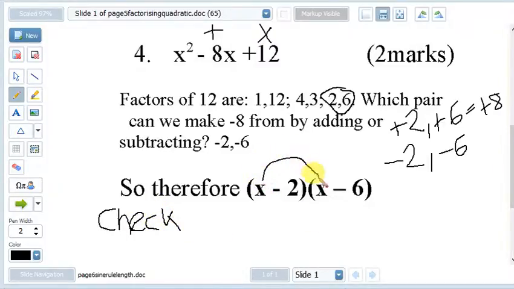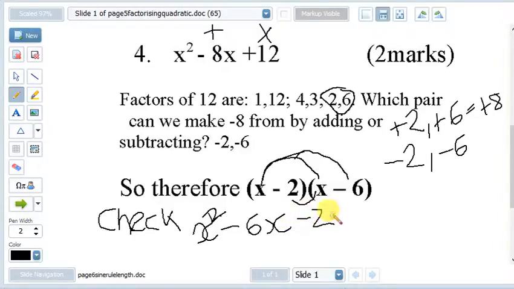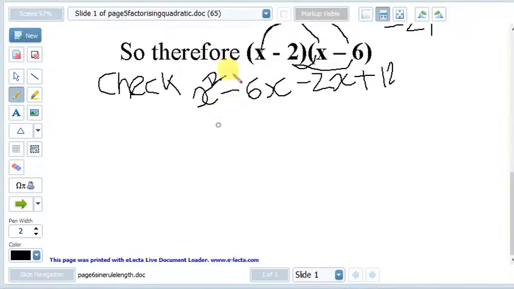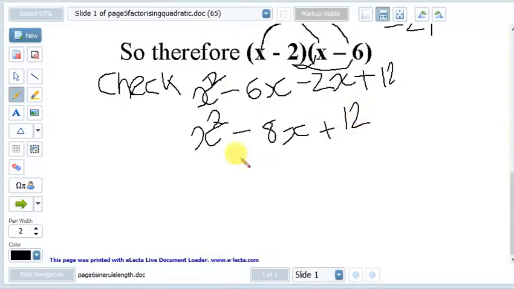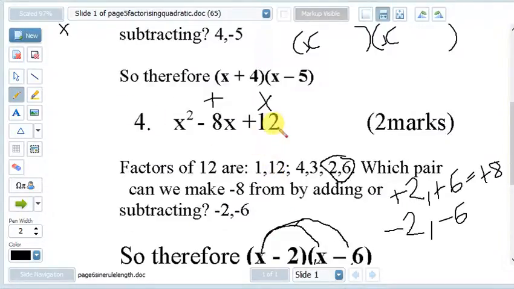So x times x is x squared, x times minus 6 is minus 6x, minus 2 times x is minus 2x, and then minus 2 times minus 6 is positive 12. And then what we've got to do is simplify. So what we've got is x squared minus 8x plus 12. And that is the same as the original expression.